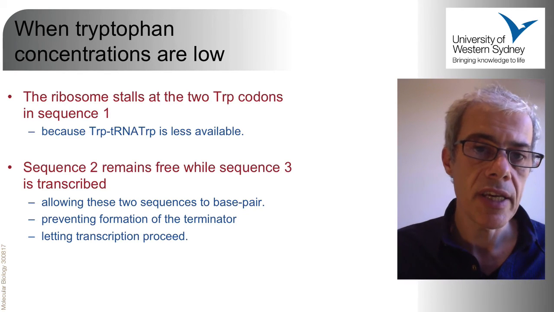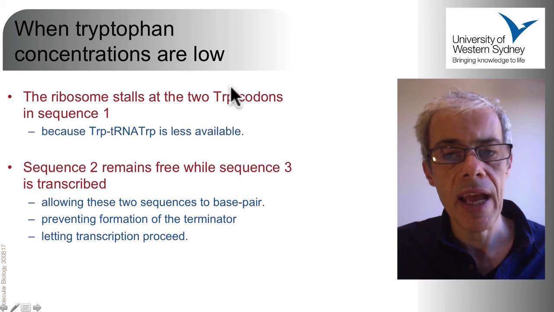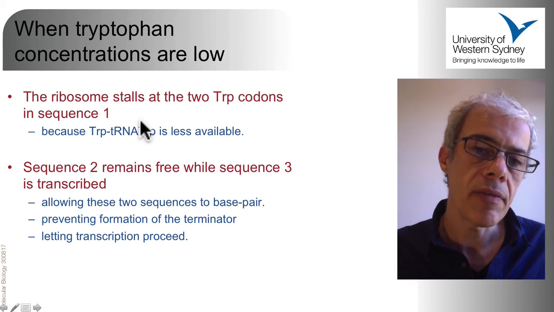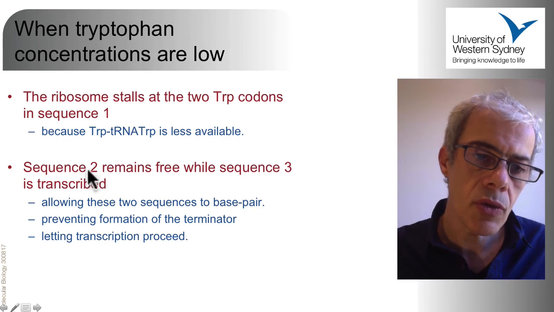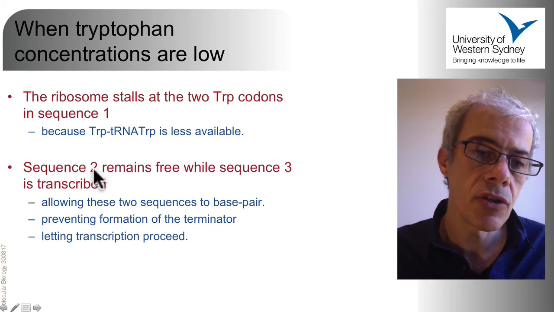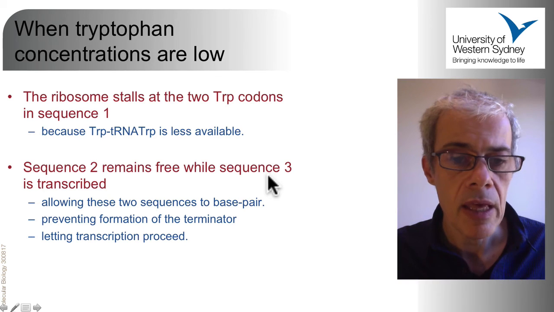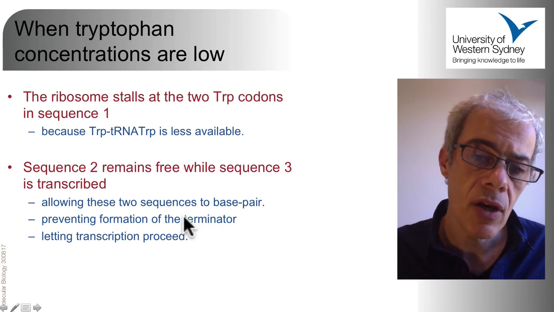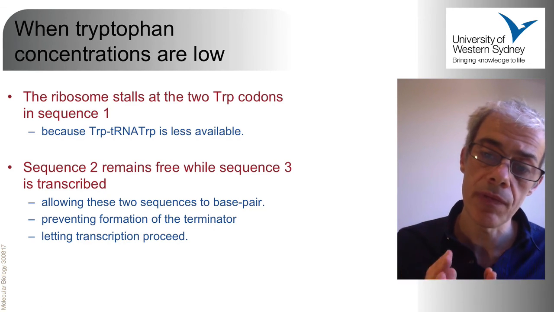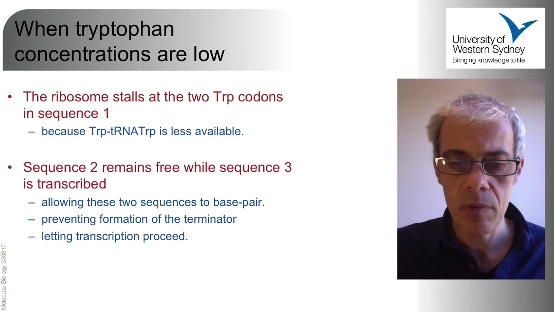To reiterate, when concentrations of tryptophan are low, the ribosome stalls at those 2 trp codons in that tiny little gene at the beginning of the leader, and therefore sequence 2 remains free and not read by the ribosome, so region 2 can hairpin and bind to region 3, and this prevents the formation of the terminator. Now, the terminator is the base pairing of region 3 to region 4. That can't happen once the hairpin has formed between 2 and 3, and therefore transcription proceeds.